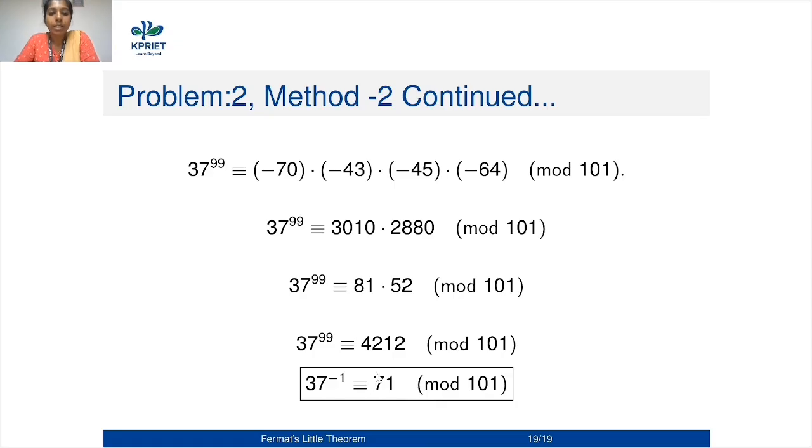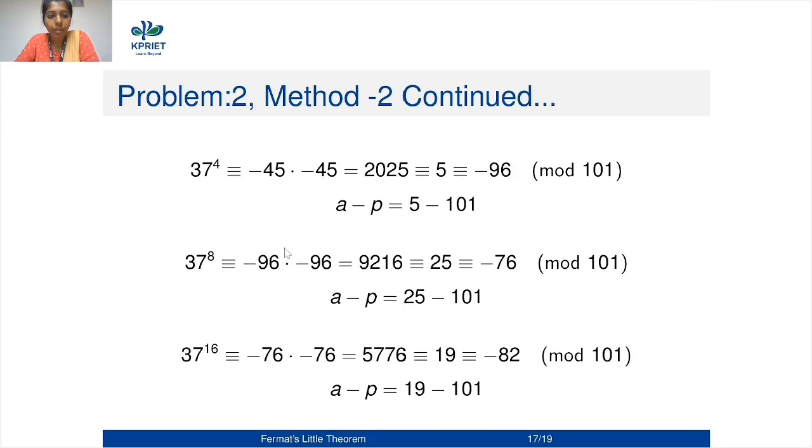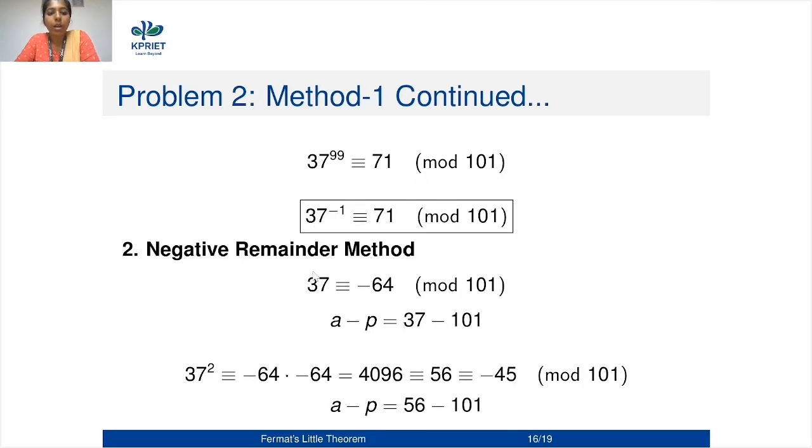Let us verify whether this 71 is the inverse of the given number. As I told you before, just multiply the number 37 with 71 and divide the answer by 101. You will get the remainder 1. Or else you can make the product of 37 and 71, subtract 1 from the answer and divide by 101.